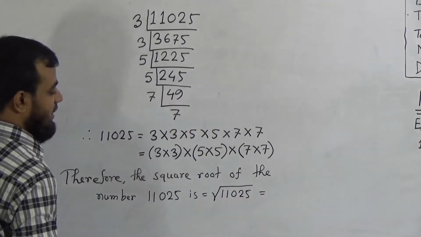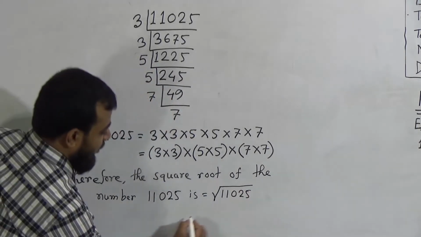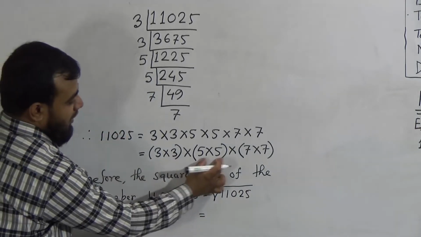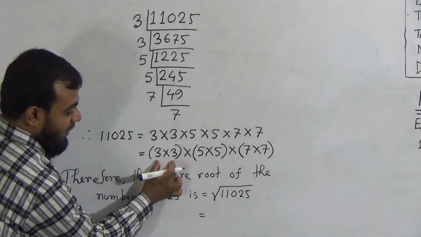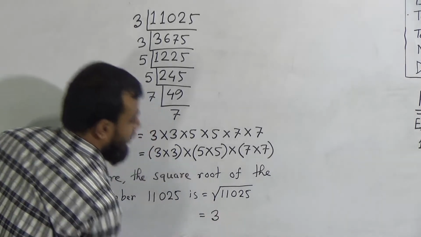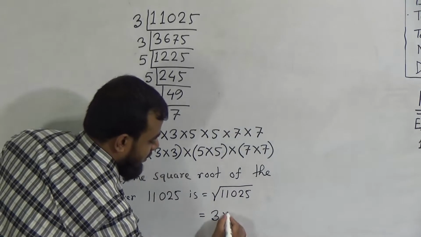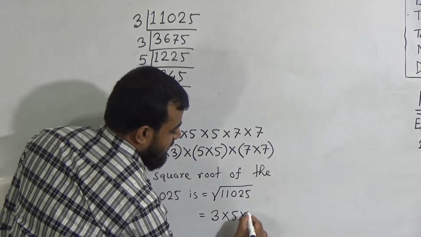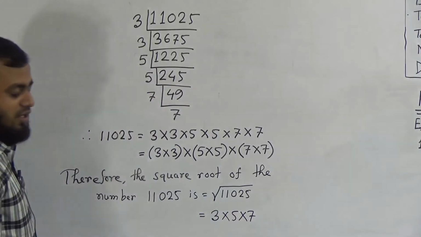That's equal to, we can take only one number from each pair. That means we can take only one 3 from the pair of 3, only one 5 from the pair of 5, and only one 7 from the pair of 7. And we should multiply these 3 numbers.